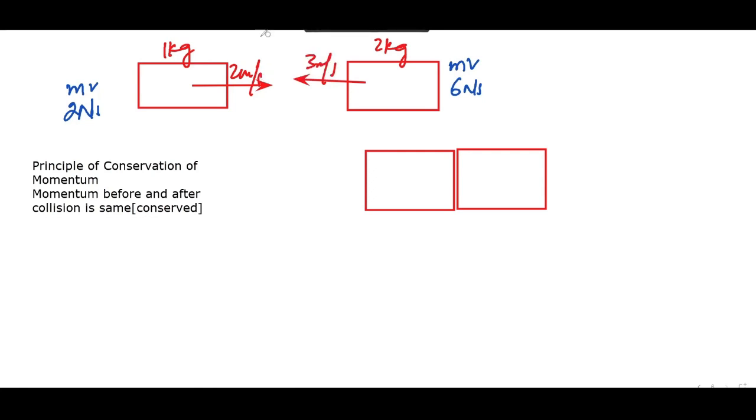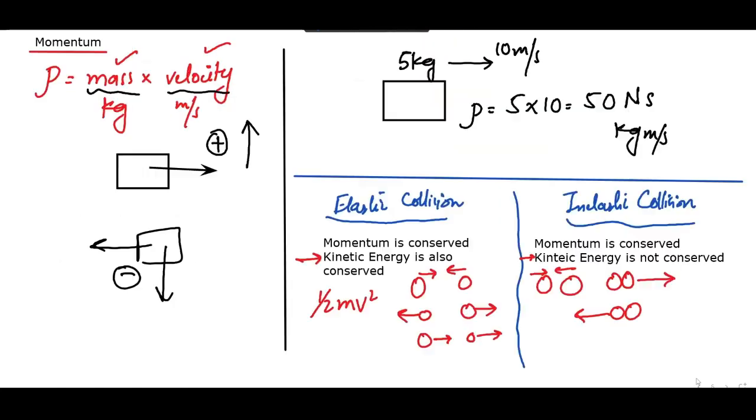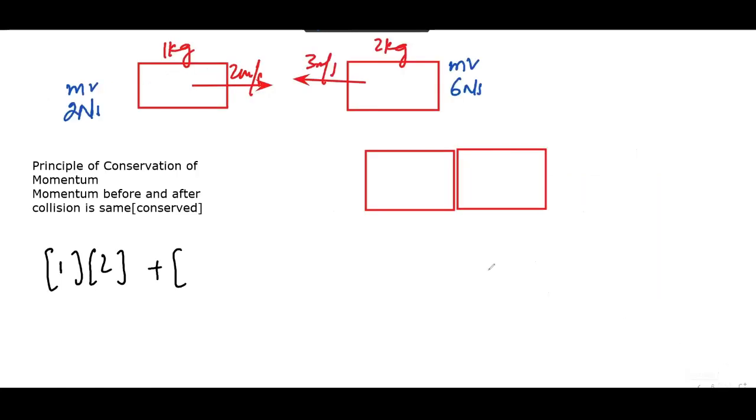So let's figure out the total momentum before the collision. Before the collision, this is my whole system, and after the collision, this is my whole system. Before the collision, that would be 1 multiplied by 2 plus, and remember that we have to assign signs to velocity based on left or right, upwards or downwards.